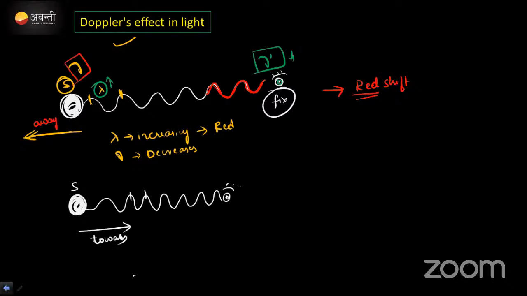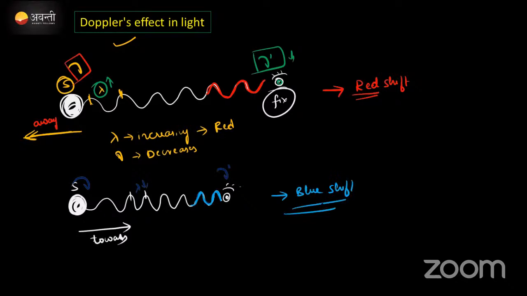When it is moving towards the observer, the wavelength क्या हो रहा है, decrease हो रहा है. It is emitting the original frequency, but it is approaching towards the man, that's why he is observing some other frequency. Correct now. In this condition, white light is coming, but he will receive the blue color. Blue color का light observe करता है. Correct now. This is the blue color one, right? We call this a blue shift.